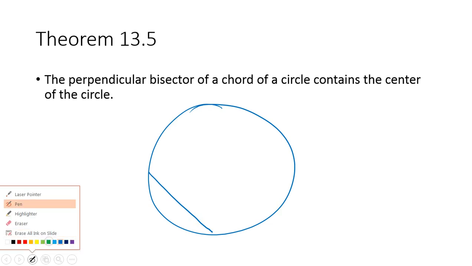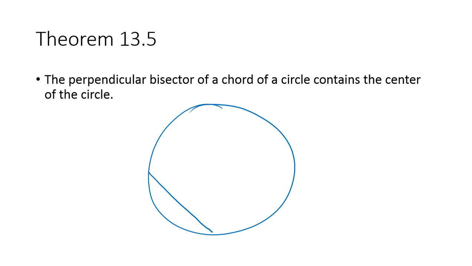So I'm going to draw a line that's going to cut through it and bisect it into two equal parts, and it's perpendicular. So I know that that's 90 degrees. Somewhere along that green line has to contain the center of the circle. In other words, that green line is the diameter. So that green line must be the diameter of this circle.